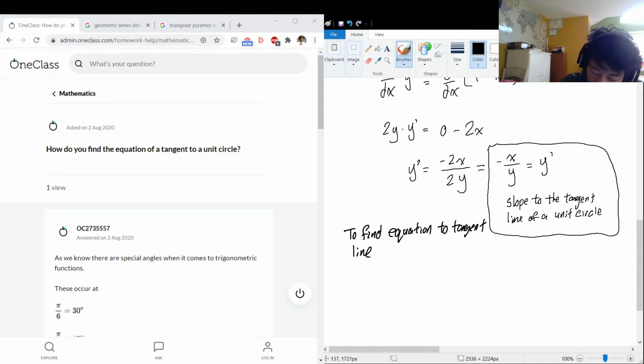So we know that a line equation is y equals mx plus b. And we're going to typically want to solve for b. So let's isolate b by doing y minus mx is equal to b.